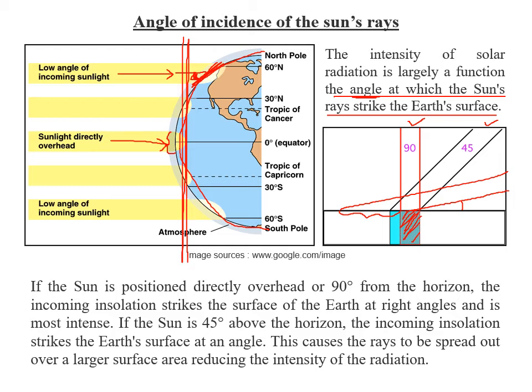So as the earth surface is curved, the angle of incidence of sun's rays varies with latitude, and due to that the variation of incoming solar radiation occurs over the earth surface, and that will affect differently in different latitudinal places of the earth.